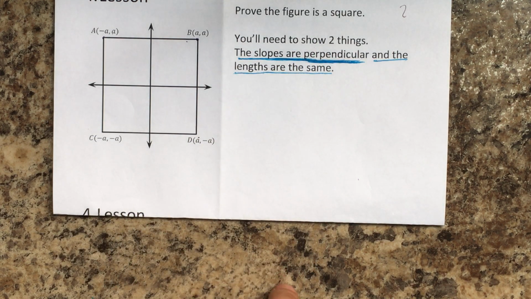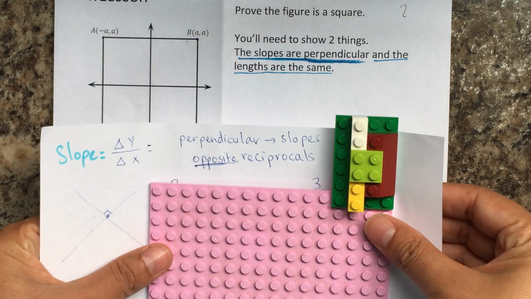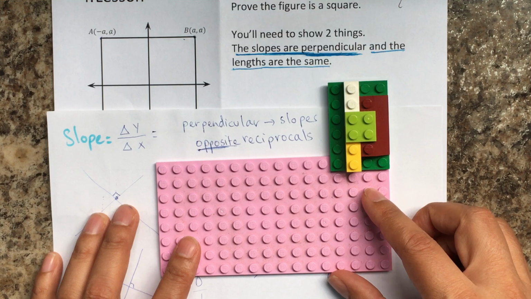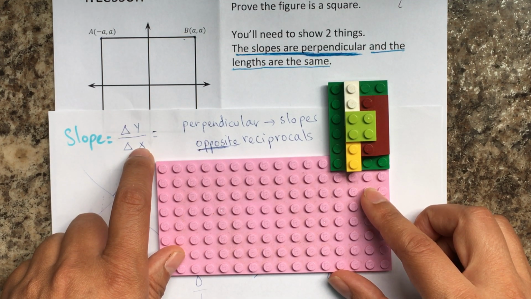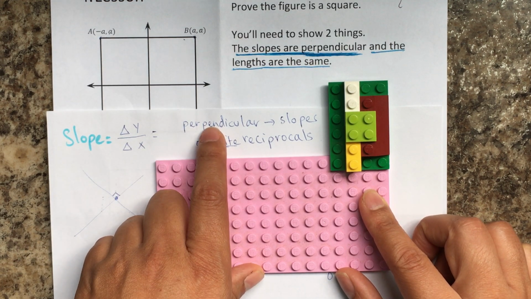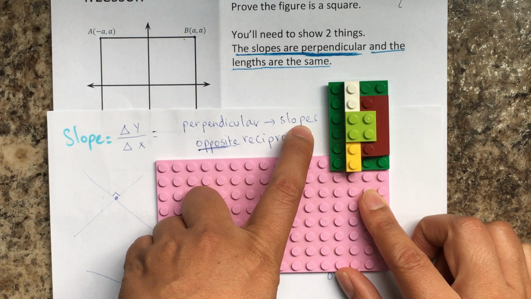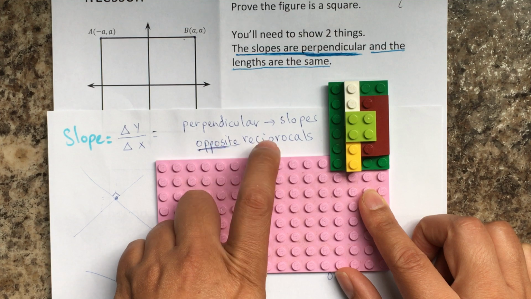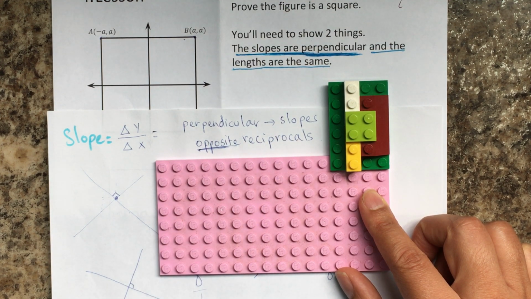And something that we need to know about the slopes. Well, you already learned that the slope is the change of y over the change of x, or rise over run. And let me share this information with you. For perpendicular lines, the slopes are opposite and reciprocal. Okay, so slopes are opposite reciprocals of each other.